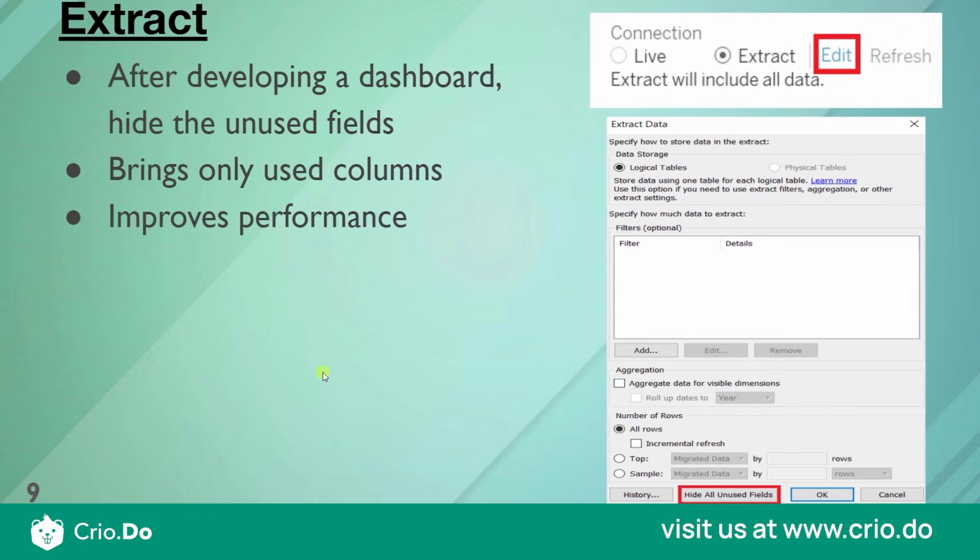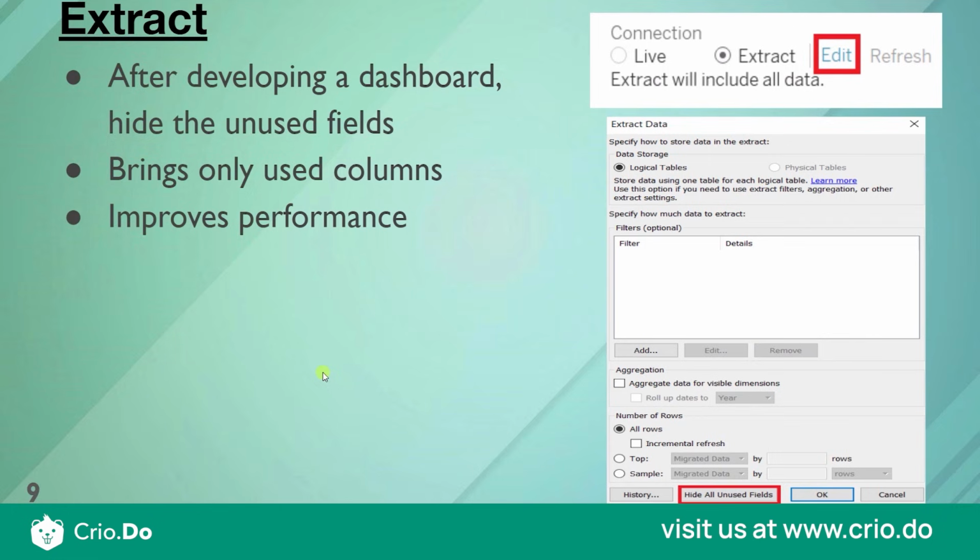If you have already developed something and used all the columns and data you need in your visualization, and then you extract the data and use hide all unused fields, Tableau will only bring in the data you used in your development, and all the other fields which are not used will be excluded.